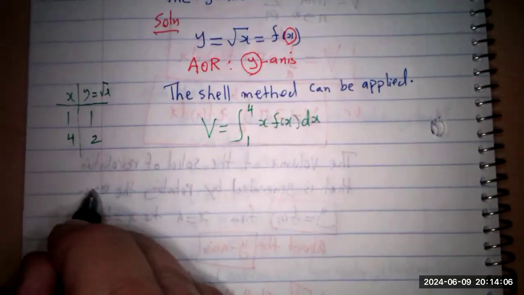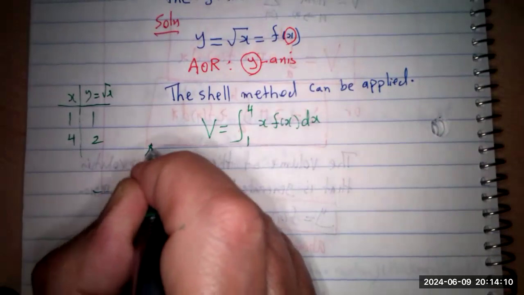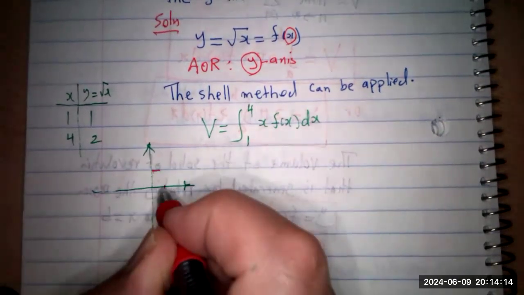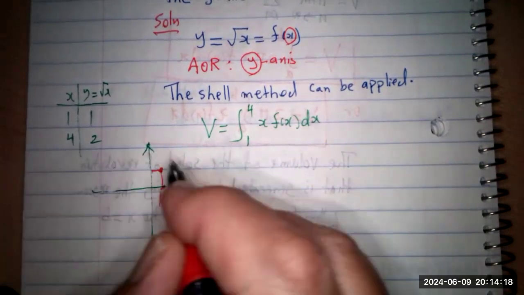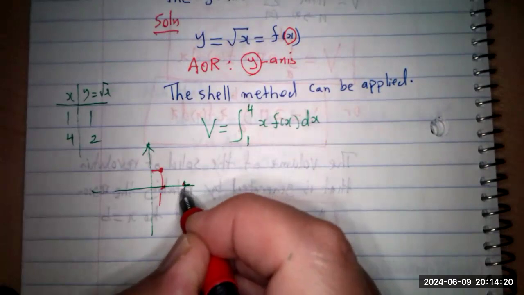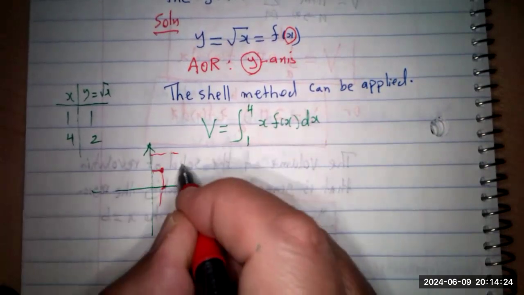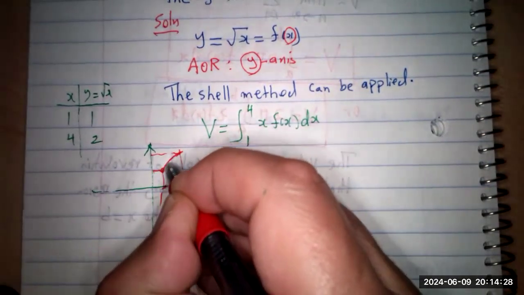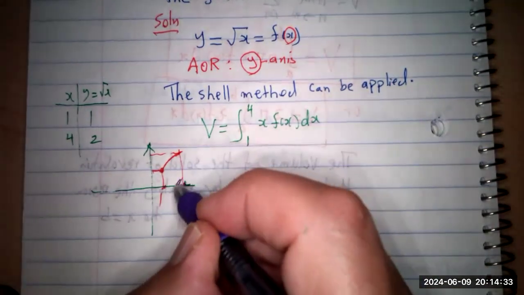So if you locate these points on the xy coordinates, you get 1, 1, and 4, 2. So this is going to be the part of your graph. So the region in question is this one.